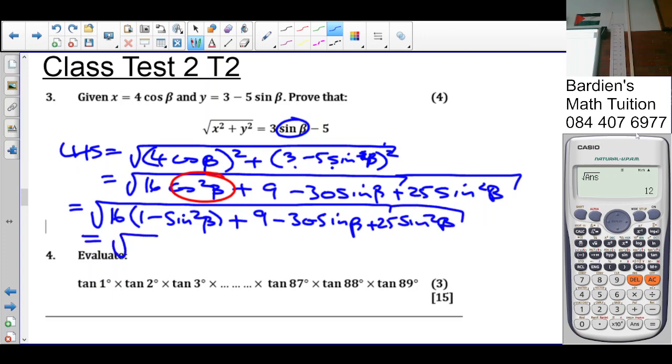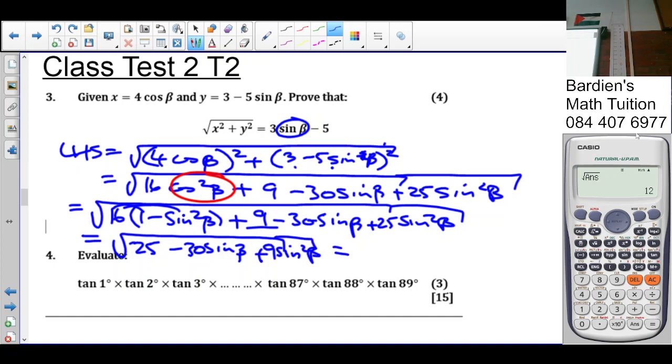Multiply that out and you get 16 plus 9 is 25. Okay, just leave it, it's 25. Minus 30 sine beta. That minus 16 plus 25 is 9 sine squared beta.